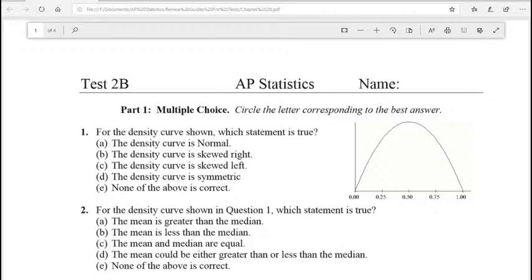No. Is that a normal curve? Does that look like our usual normal curve we've been drawing? No, it doesn't. Well, the main thing that's missing is that the normal curve would have tails on either side.